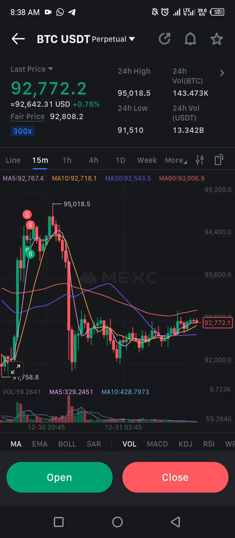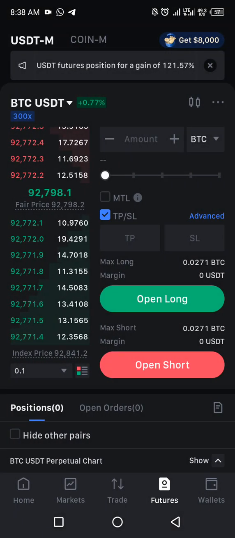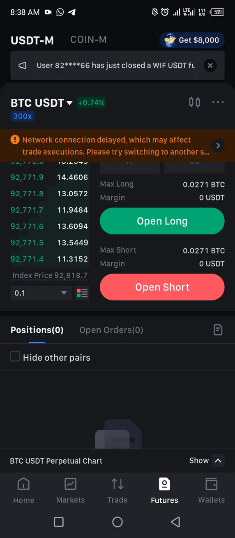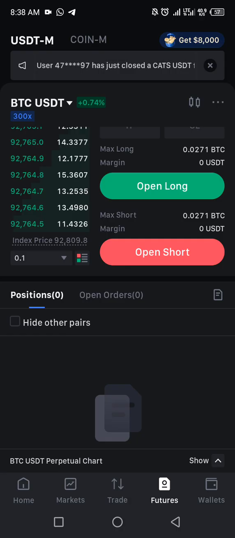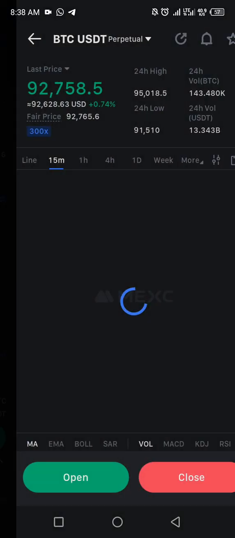So I think I will do that when I'm in a real trade. I'll show you how to take profit. So there will be three things: take profit, take partial profit, and also set a break even. But I can give a brief explanation if you can understand the chart.